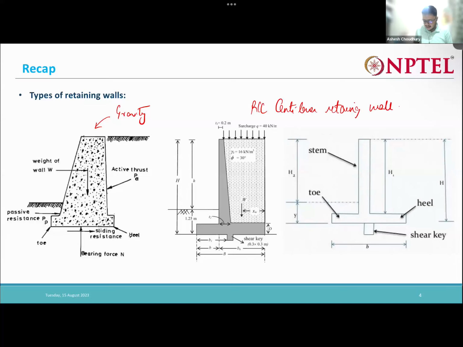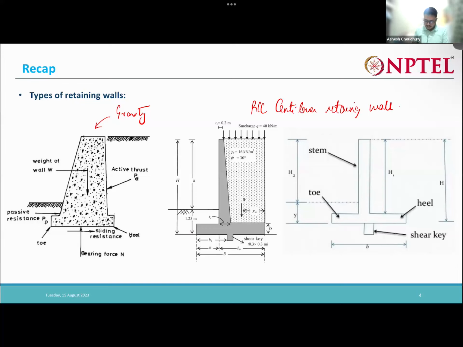So here you can see the stem is much slender, much thinner, not that thick, right? Because it is RCC, we are using reinforcement so that it is strong in tension and bending.